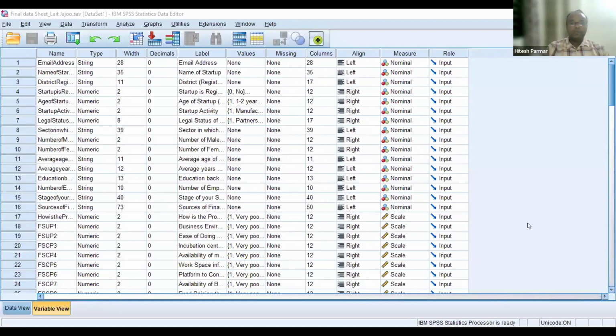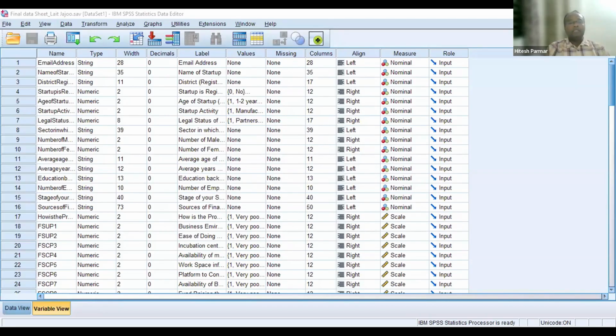So you have multiple choices available for your data analysis. SPSS is also available and very popular. Excel is easily available and very powerful. You can do all types of analysis in Excel. Then you have Jamovi, you have R.